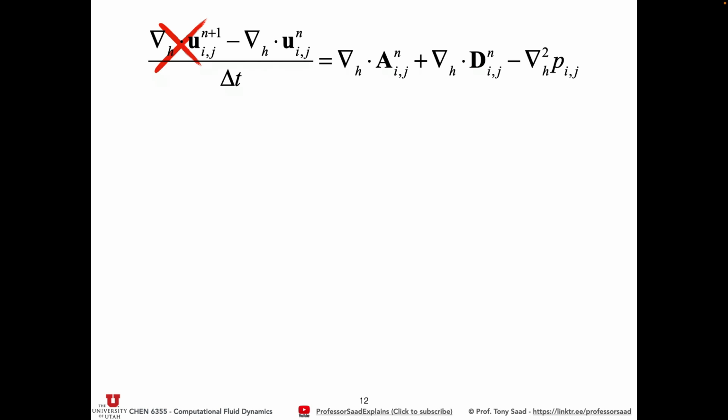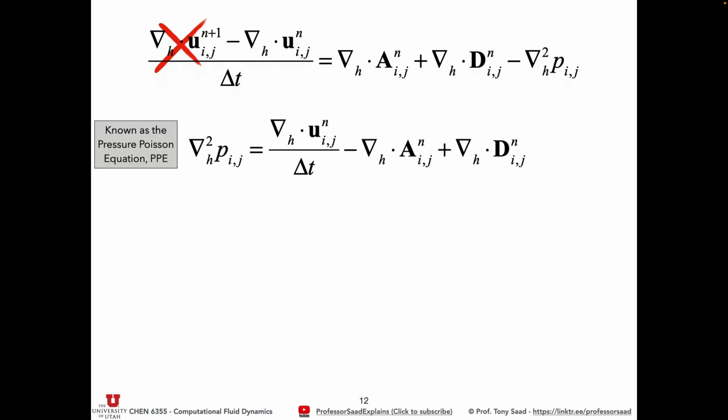This is an entirely new, legitimate equation that is a replacement of continuity. Yes, we reused momentum, but we created new information by applying the constraint div u equals 0. That little thing creates an entirely new equation for the pressure. You bring the pressure to the left-hand side, and you derive an equation for the pressure.